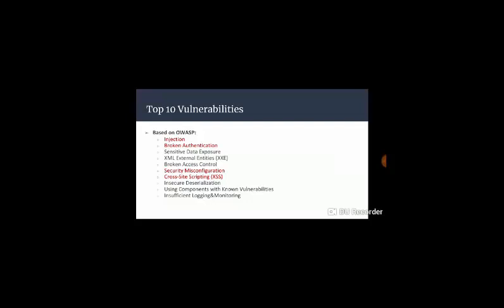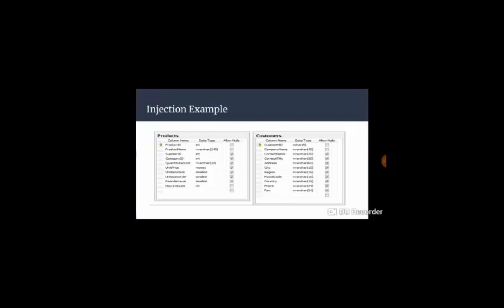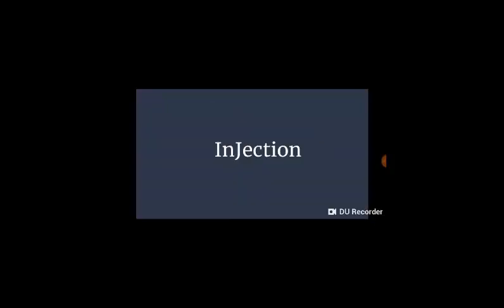I'm not going to handle them in this order, because the coding part is in injection and cross-site scripting, and there's some coding in broken authentication, but I'm focusing on injection and cross-site scripting as an exercise, or you can say a tutorial.